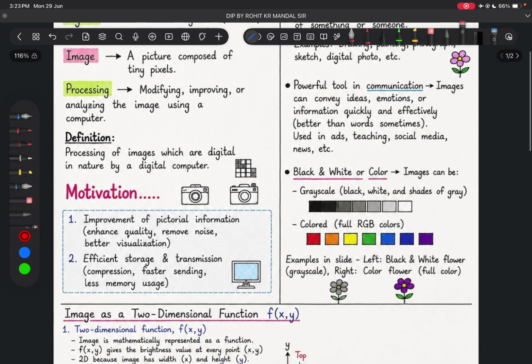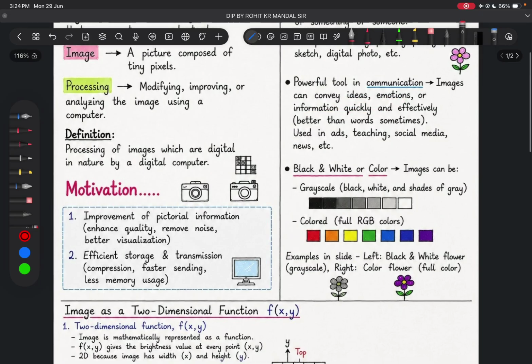We have an image as a communication tool, which means images are one of the most powerful tools in communication. Sometimes an image can convey information much better than words. Images can express ideas, emotions, or information quickly.